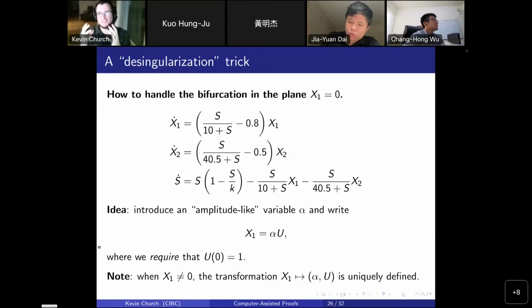The other reason is that, and it's a bit more technical and it's been a while since I did this, so I can't remember exactly why, but you then need to, even if you use a theoretical result to prove a small part of the branch of solutions near the bifurcation, it can sometimes be difficult to determine, based on where that branch exists, how to know that this branch you've proven to exist actually will connect with the branch that you're going to compute with the computer.